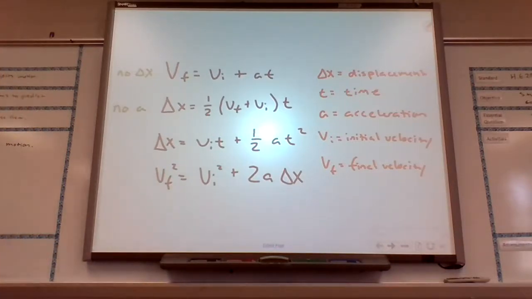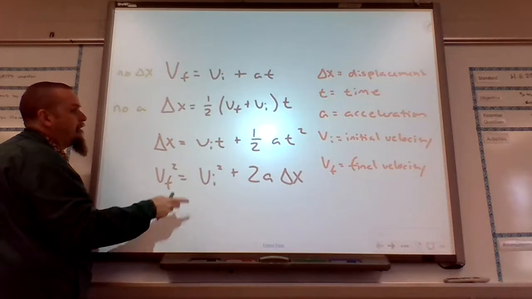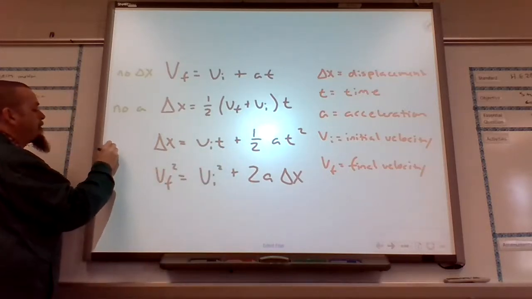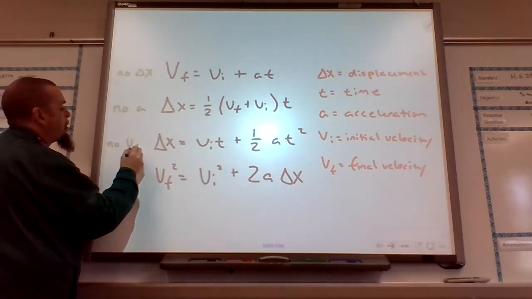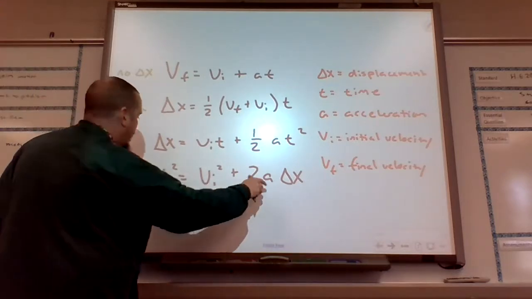So if you know the displacement, the velocities, and the time, you can work with that equation without knowing what the acceleration is. This one here is the no Vf. You don't have to have the final velocity to use that equation. And then this last one, again, no time.